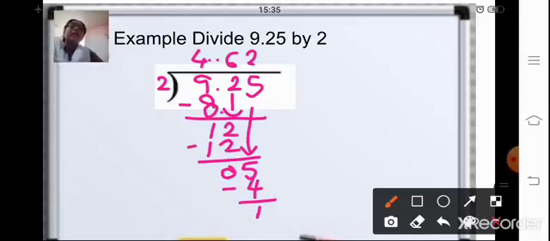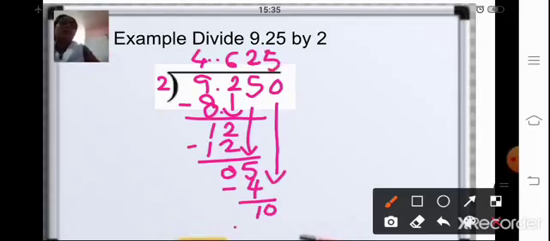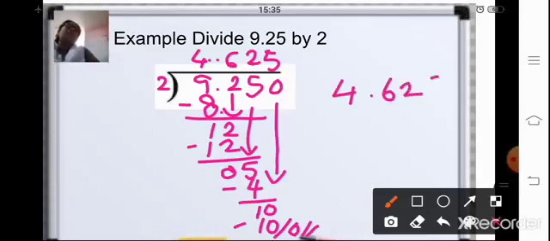So when it is said that you have to divide a number till you get 0, we will add a 0 to your dividend and take this 0 down. Now 2 5s is 10. So you are getting the remainder as 0. So your answer is 4.625.